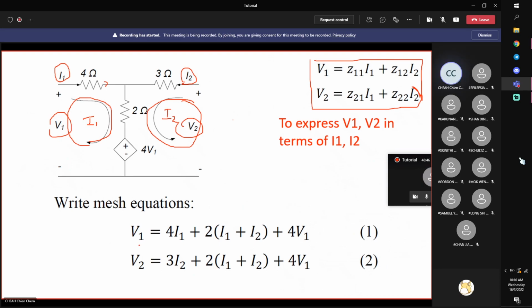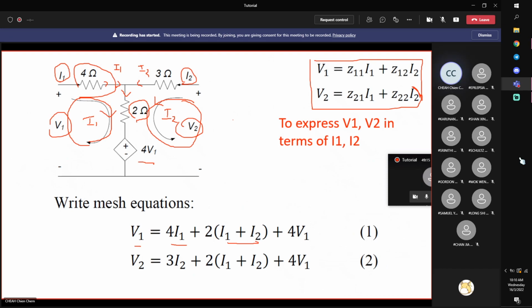So here you have V1 equal to the voltage across the 4 ohm resistor, 4I1. Now here, the current flowing through the 2 ohm resistor is I1 plus I2, because here you have I1, here you have I2. As I mentioned, if you're not sure, just use Kirchhoff current law, I1, I2 inflow equal to outflow, I1 plus I2. And this is the voltage across the 2 ohm resistor.